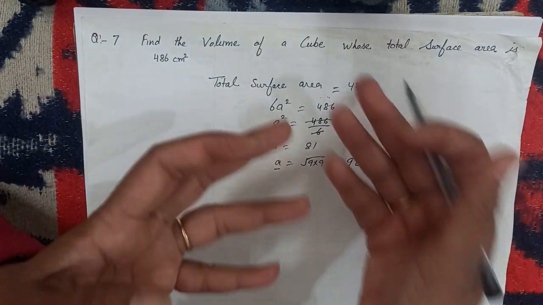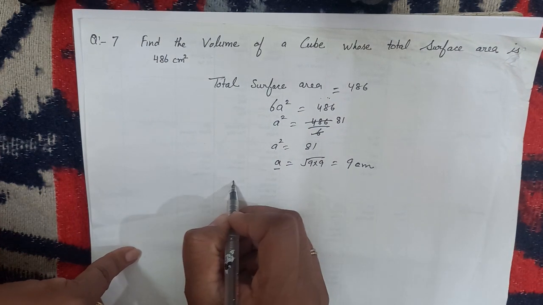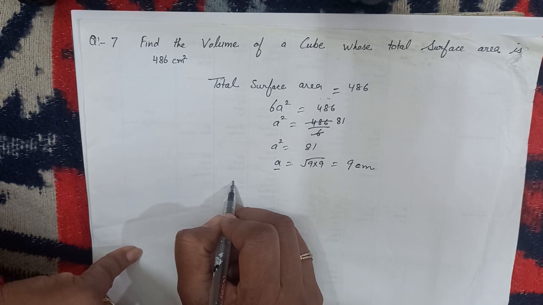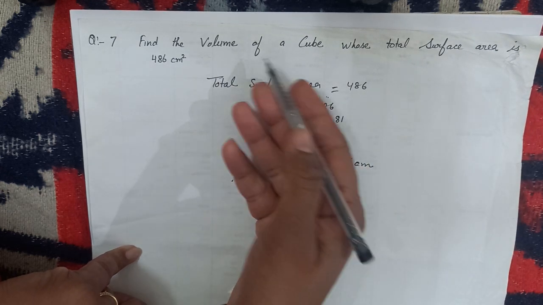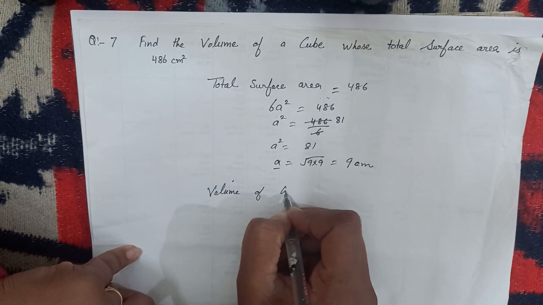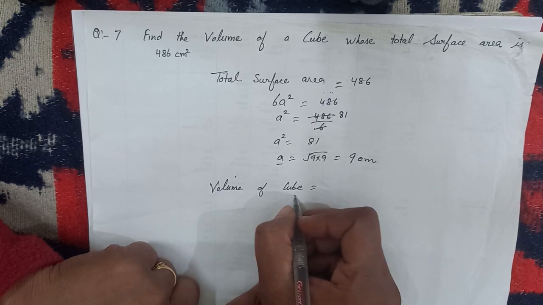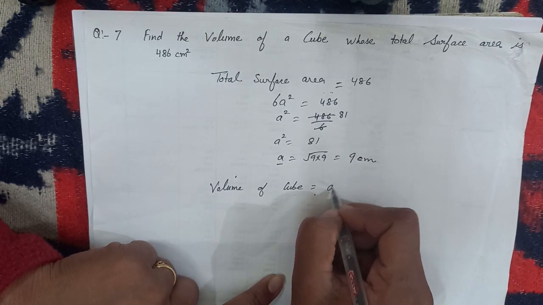Now as you can see, it's very easy to find the side by filling in the values. So now if we need to find the curved surface area, I can go with the formula. If I need volume, as it is written there, I will go with the formula of volume of cube. Okay ji. So the volume of the cube is A cube.